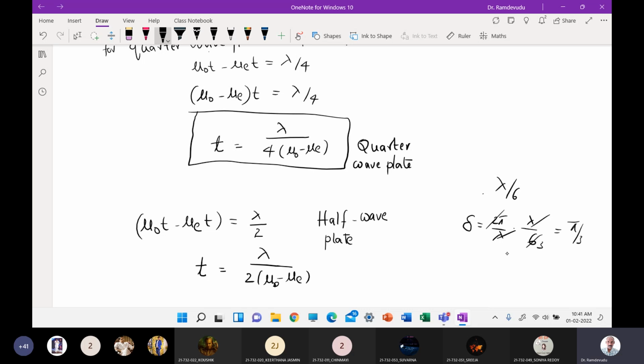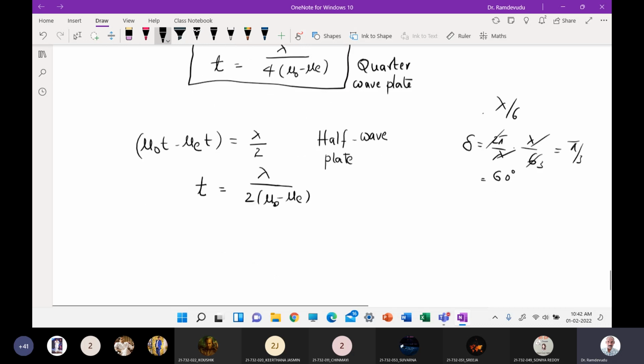What is pi by 3? The angle is 60 degrees. Yes, a 60 degree plate also you can make. So likewise, lambda by 4, lambda by 6, you can calculate. These are the wave plates.